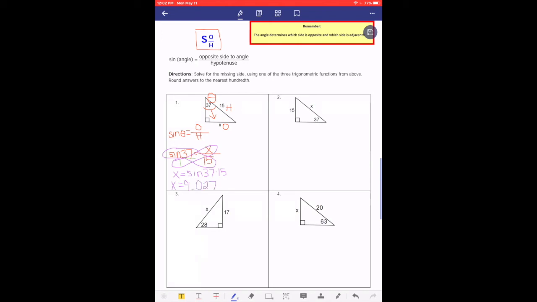Remember, this question asked us for the nearest hundredth, so I'm going to put the nearest thousandth on paper, and then I'm going to show how I rounded it. So the hundredth place is where that 2 is. The number that's behind it is a 7. It's greater than 5, which means I round up. So that 2 will become a 3. So x equals 9.03. So that is the side length of x.